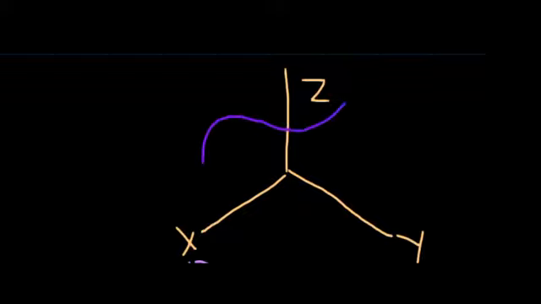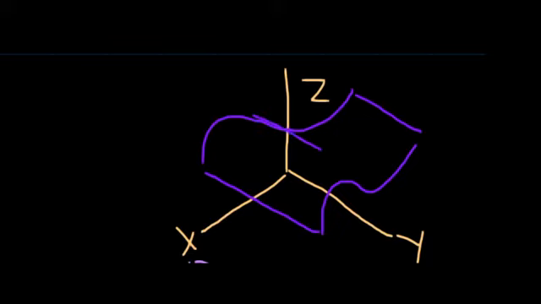So let's say we have a function that looks something like this. It would look something like this.